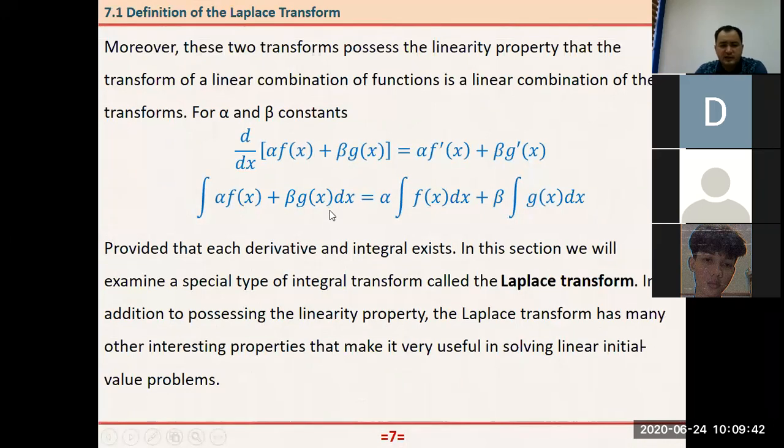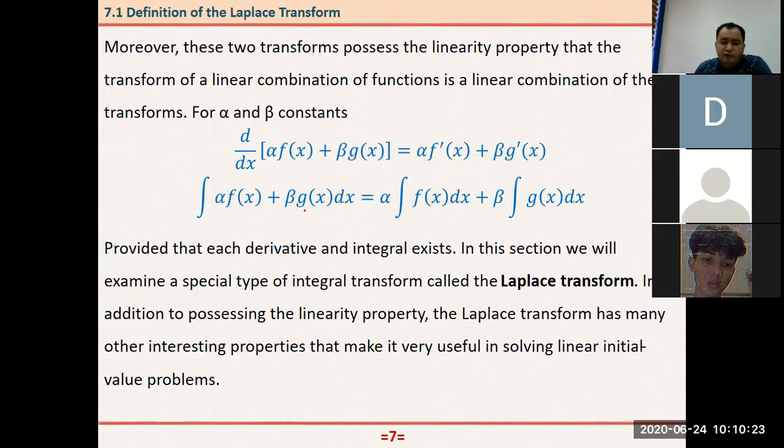If you differentiate a linear combination of two functions f and g, it is the same as differentiating each separately and writing the linear combination of the derivatives, f prime and g prime. They produce the same thing. That is the most important property of linearity.